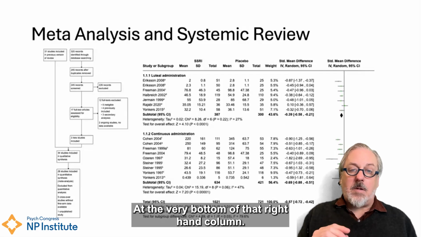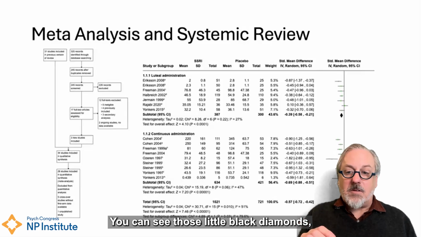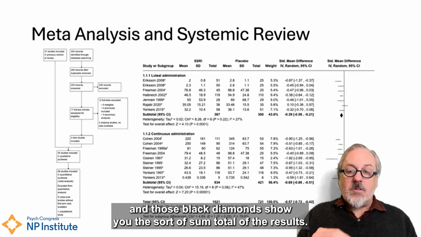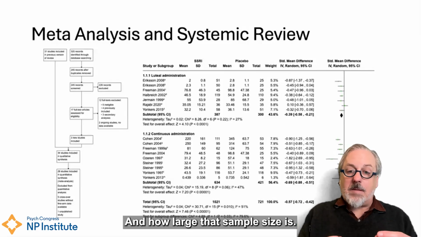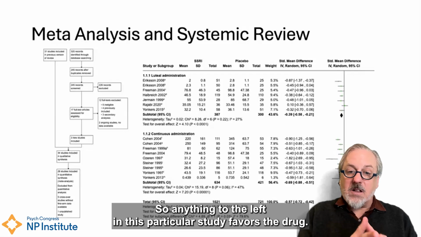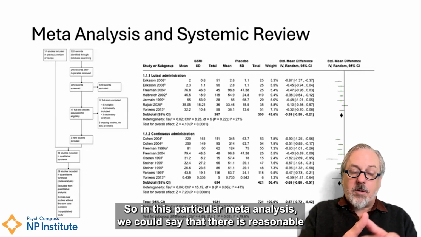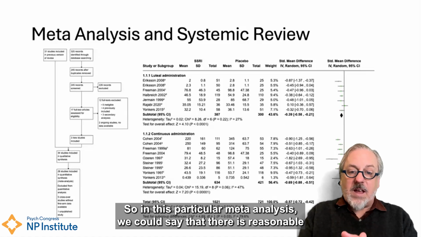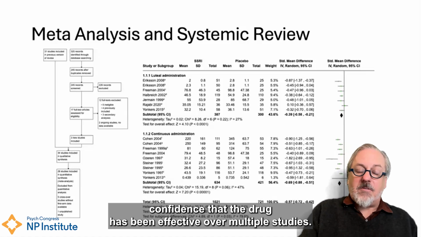At the very bottom of that right-hand column, you can see those little black diamonds. And those black diamonds show you the sum total of the results and how large that sample size is. So anything to the left in this particular study favors the drug. So in this particular meta-analysis, we could say that there is reasonable confidence that the drug has been effective over multiple studies.